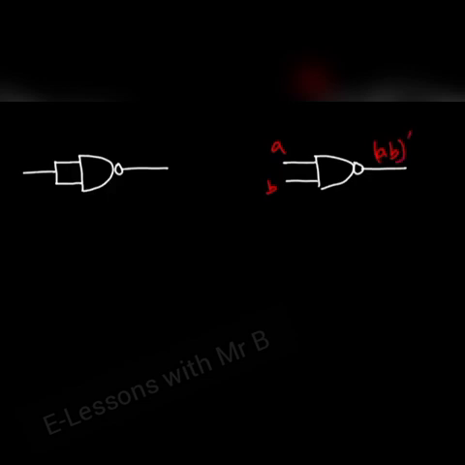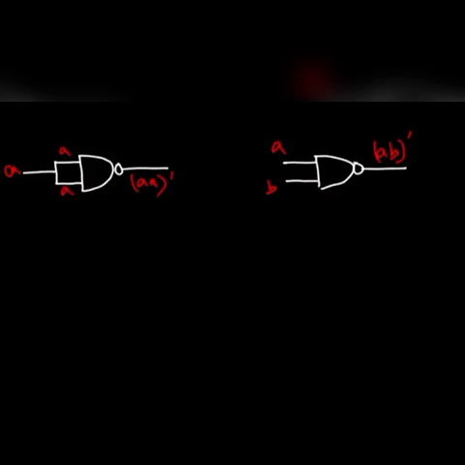Well, now we only have one input because both of these will be A. And so if we multiply these two, it would be A times A, and then we'll get the complement of that. What is A times A? Now you need to be familiar with some rules of Boolean algebra, and we're going to go over those rules soon.